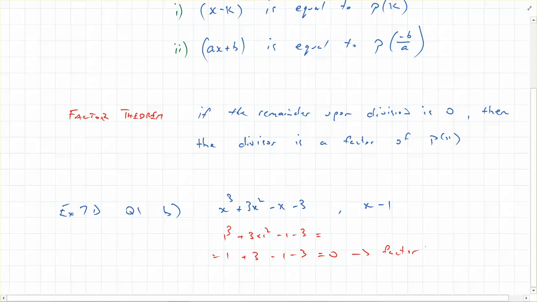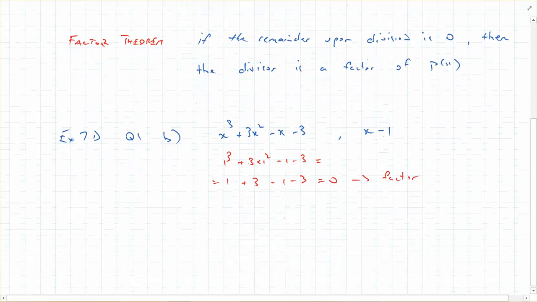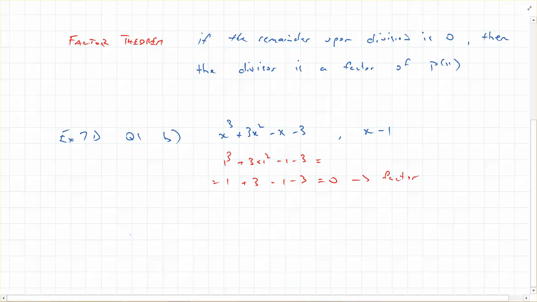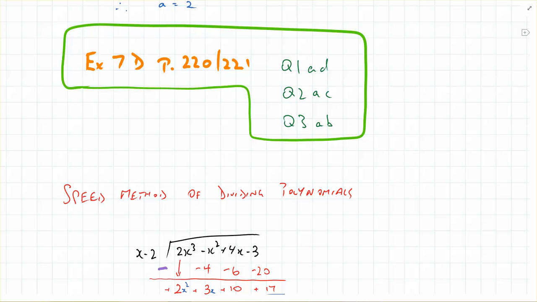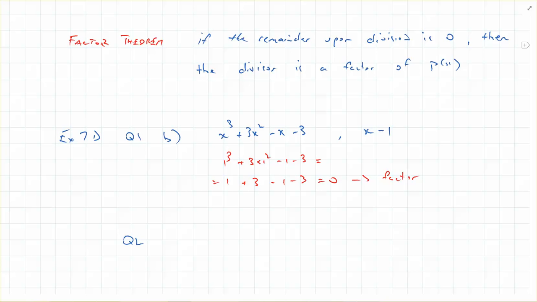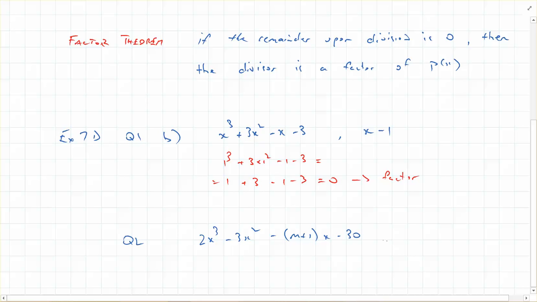So that's all we're doing in question 1. In question 2, again, I won't do a question that you're doing. So you're doing A and C, I'll do B. In 2, you find the value of m if the first polynomial is exactly divisible by the second. So in part B, I'm going to take 2x cubed minus 3x squared minus (m plus 1)x minus 30, and x minus 5 is exactly divisible.